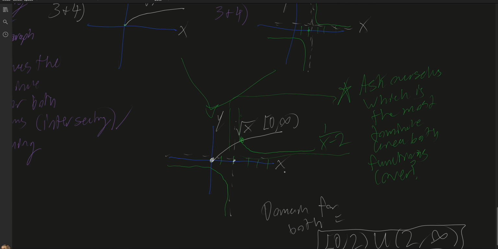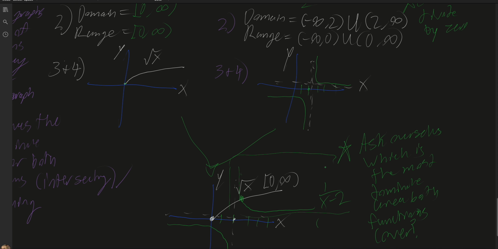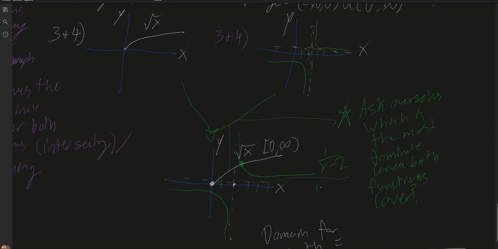The range for the reciprocal function is going to be negative infinity to 0, union. Let me just move this over here. Negative infinity to 0, union, 0 and positive infinity.